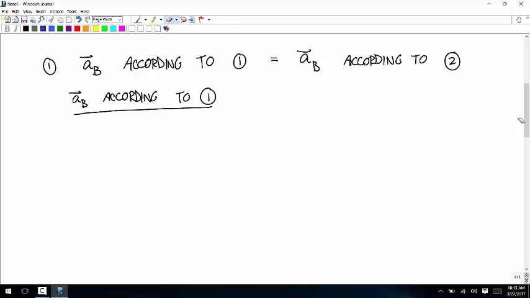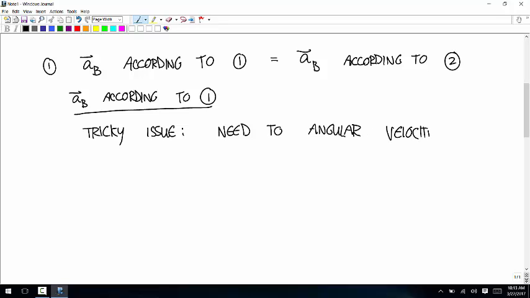So here's a tricky issue. You need to figure out the angular velocities of body 1 and body 2 based on the angular velocity of 3.